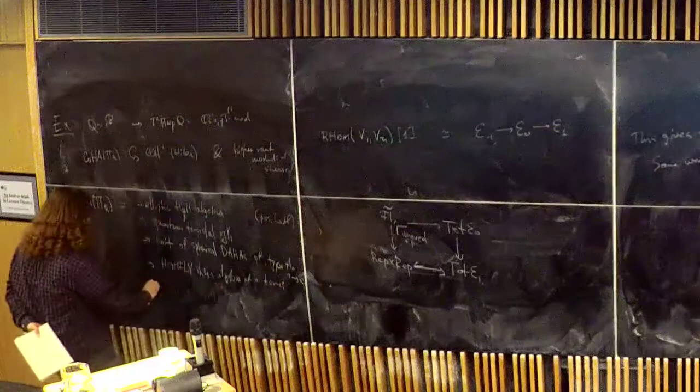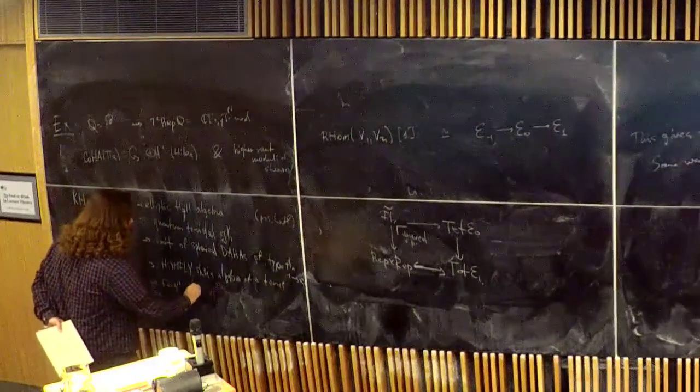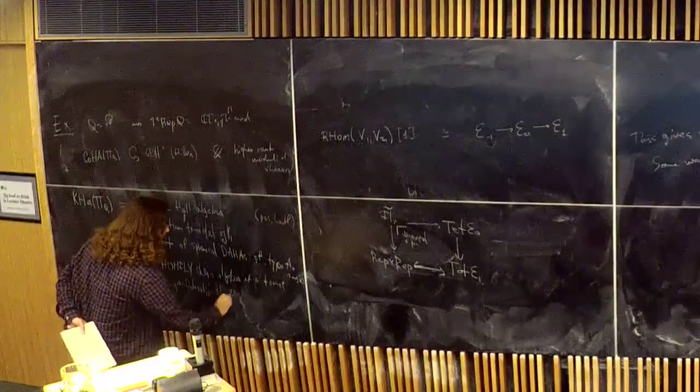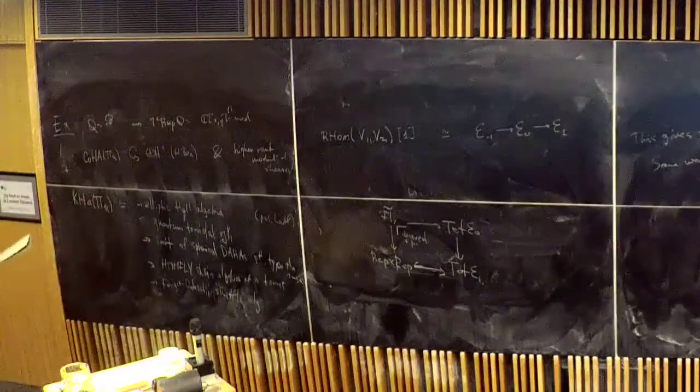Also, it's known as, I guess, the Feigin-Odesskii shuffle algebra. Yeah, I think that's enough.